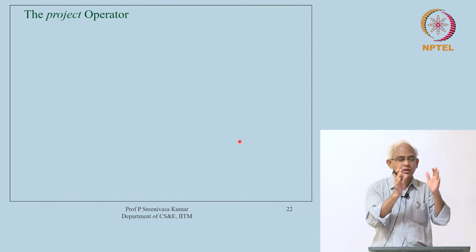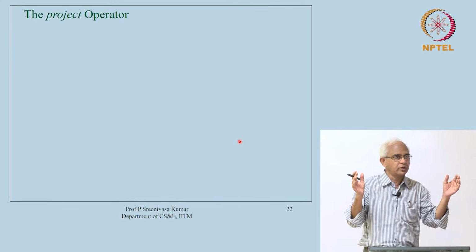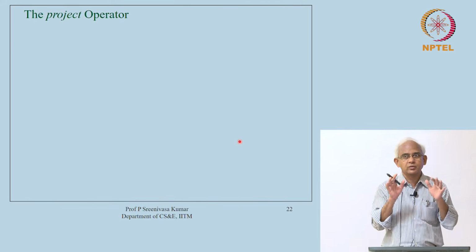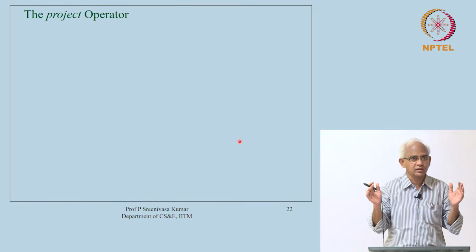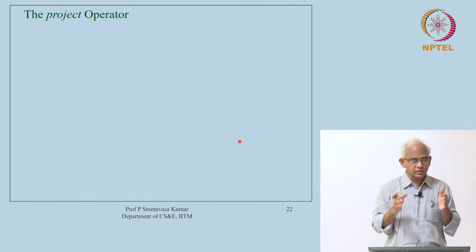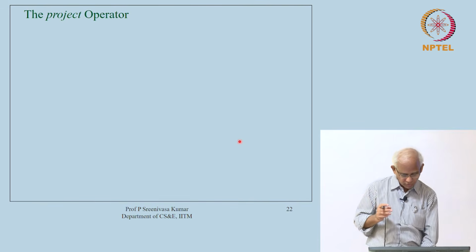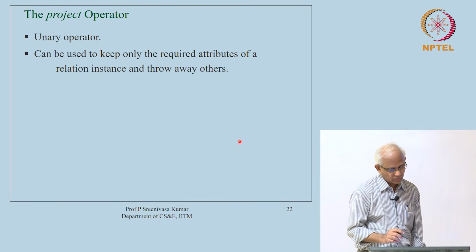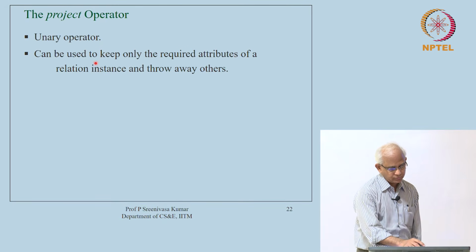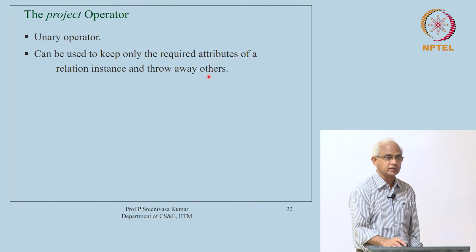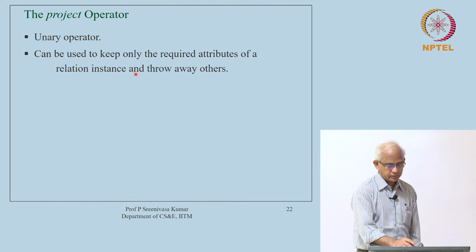Supposing a relation is pretty wide and you want to focus only on particular attributes, and you do not want to look at all the attributes of the relation, then this project operator will be useful to you. Okay. So what the project operator does is keep only the required attributes of a relation instance and throw away the others in some sense.